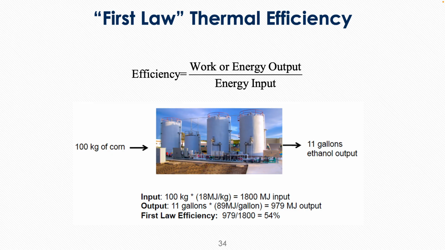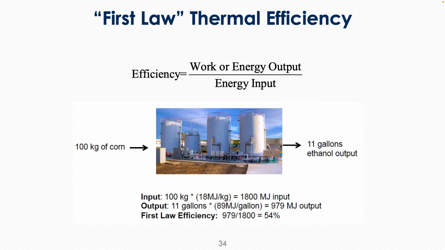You can have 100 kilograms of corn that I might use to make biofuels, and I might get some ethanol output. So you could have 100 kilograms input, which is my denominator, and 11 gallons on the output. So you could have 11 over 100 kilograms.